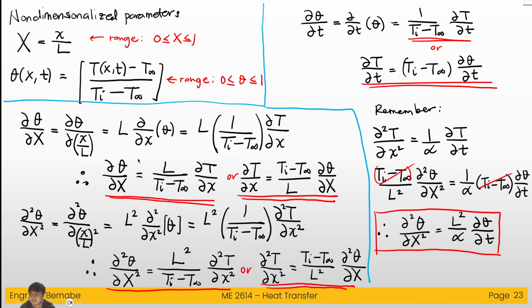The non-dimensionalization, to be simple, is that instead of having x as a variable, you have the ratio of x over the length, so that your range will vary from 0 to 1 instead of 0 to L. No? And the same goes for temperature. You can non-dimensionalize temperature, so instead of some temperature range, you have this, so that the range is from 0 to 1 again.